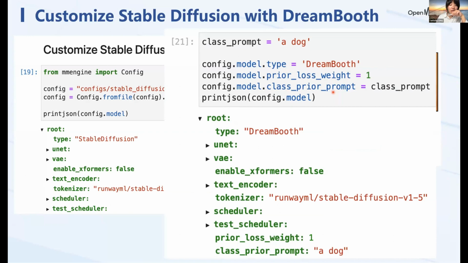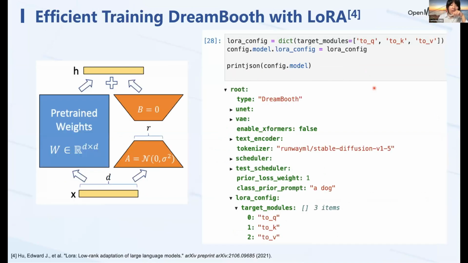Take the pet dog as an example. Here we need to specify a dog as the class prompt, so that during training, we fine-tune the pre-trained text-to-image generation model, but it will not overfit to the pet dog. It will also remember other kinds of dogs. And typically, the original DreamBooth implementation will fine-tune all the model weights.